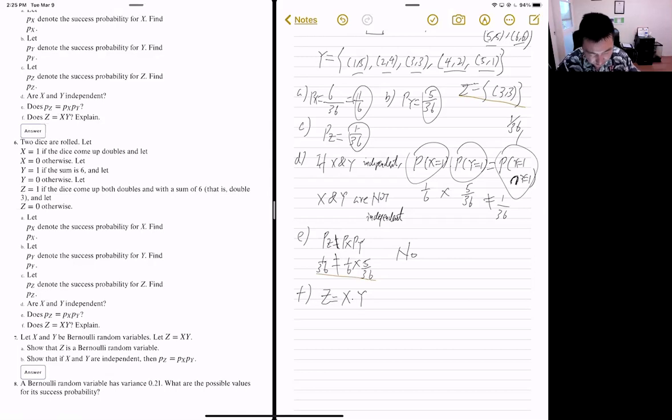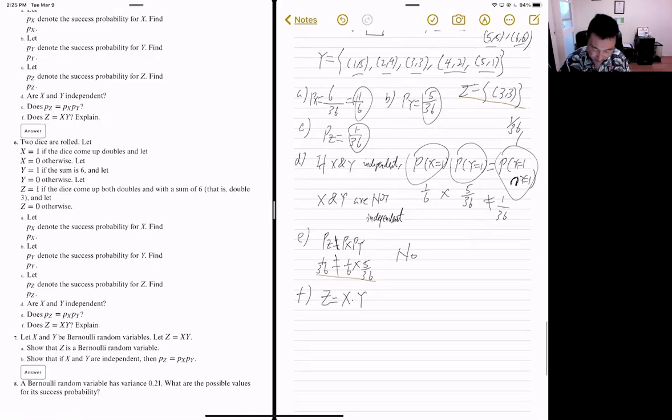The first scenario is when the dice come up with a double 3. That is when z equals 1, the only possible way z equals 1.